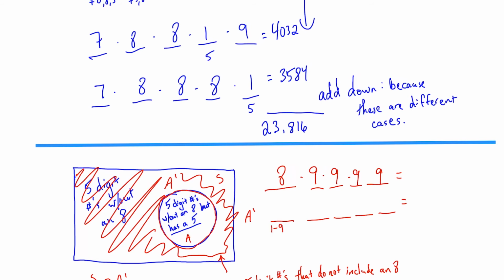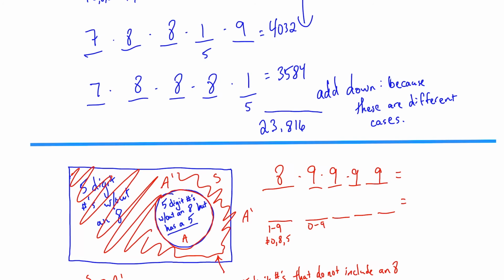Well, these are 1 through 9. We already said not a 0, not an 8. And we're also trying to make it not a 5. And here we do 0 through 9, and we do not 8 and also not a 5. Again, 0 through 9, not an 8, not a 5, and we keep going here.